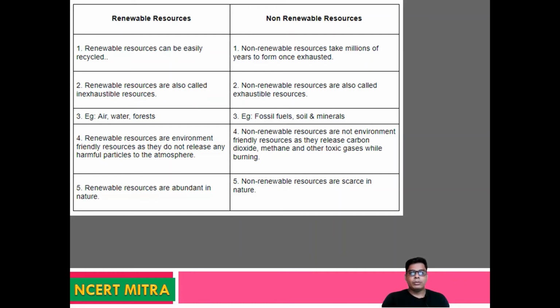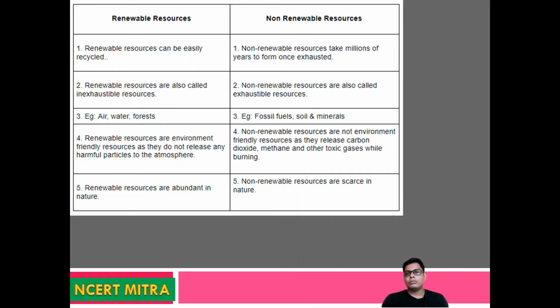If you take examples, solar energy, hydroelectricity, these never release any harmful particles into the atmosphere. That's why renewable resources are very suitable and are also called green fuel.